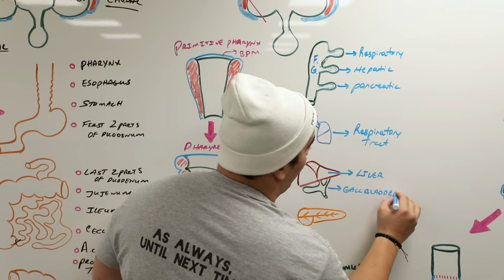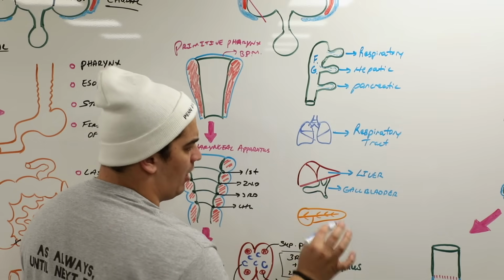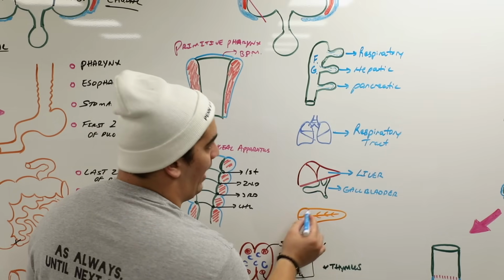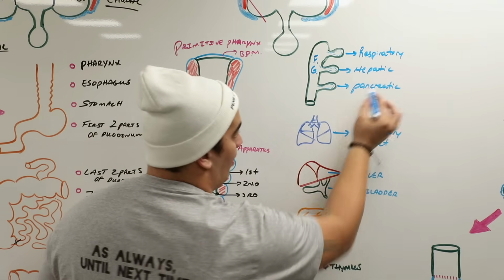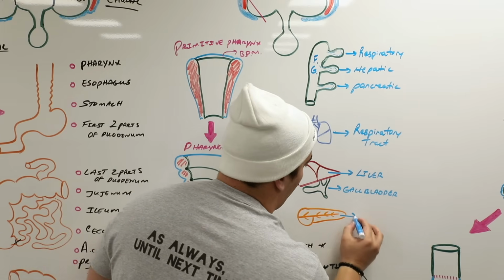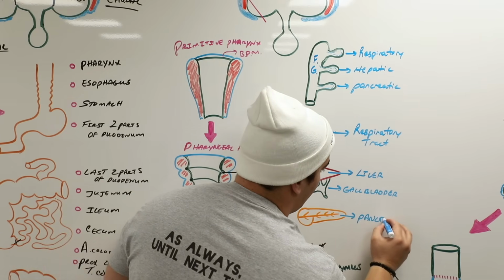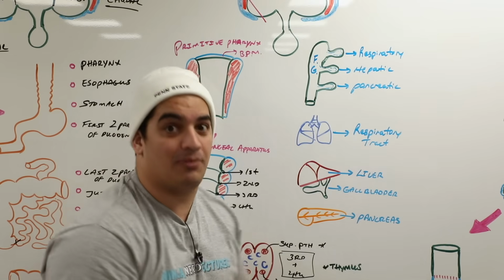Now, even a little bit of the hepatic diverticulum gives way to the head of the pancreas. Again, we'll talk about these in later videos too, but the head of the pancreas can also come from the hepatic diverticulum, and then the remaining body and tail come from the pancreatic diverticulum. But either way, all of these buddings coming off of the foregut give way to these structures. So again, this is also endoderm derived.